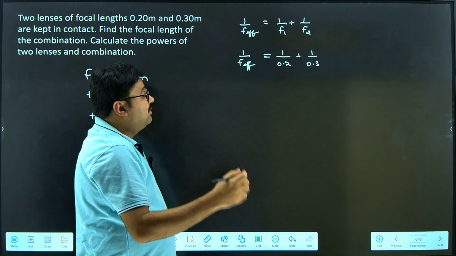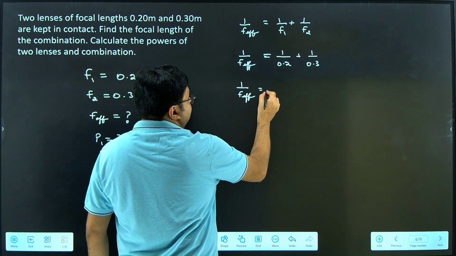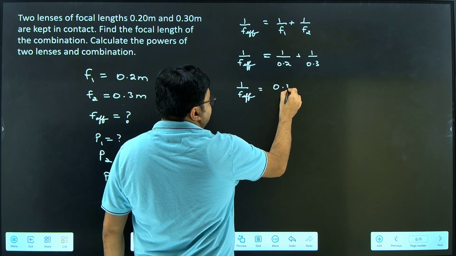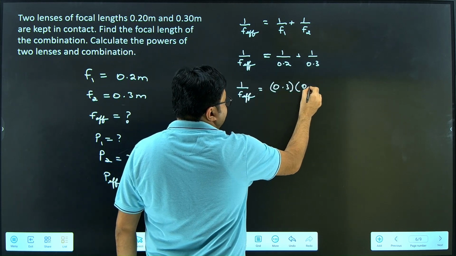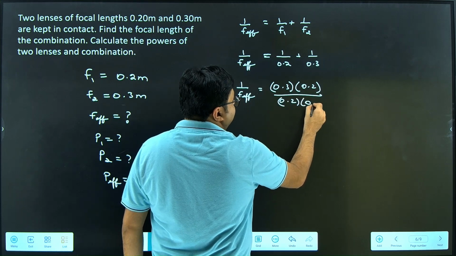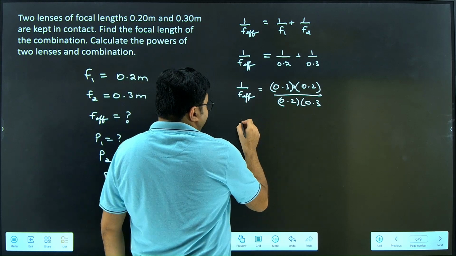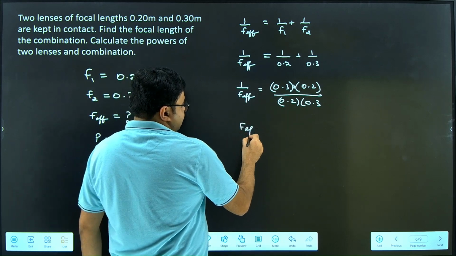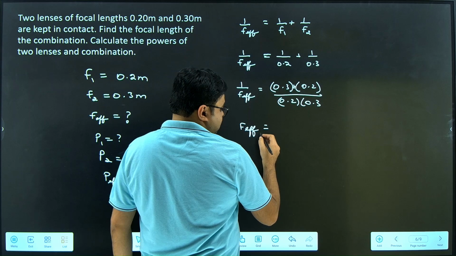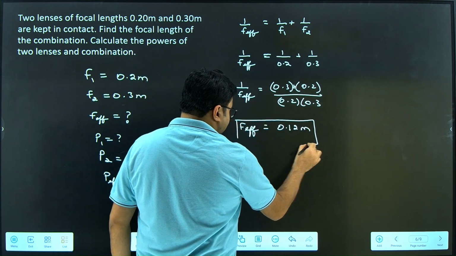Now, all that you will have to do is simplify this. We have 1 by F effective equal to (0.3 plus 0.2) divided by (0.2 multiplied by 0.3), right? Of course, there is a plus in the numerator. I'm so sorry. So the effective focal length after simplification turns out to be 0.12 meter, and that is the focal length of the combination.